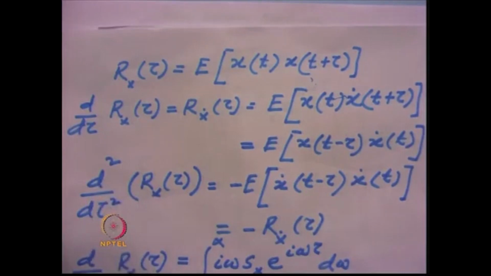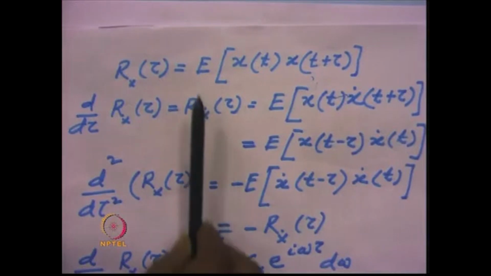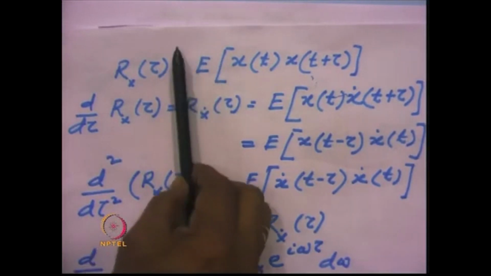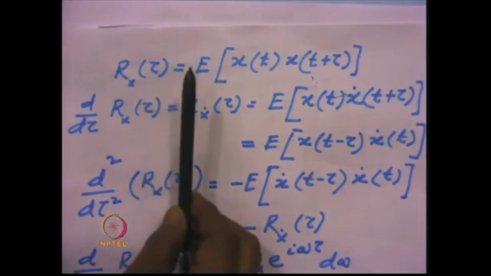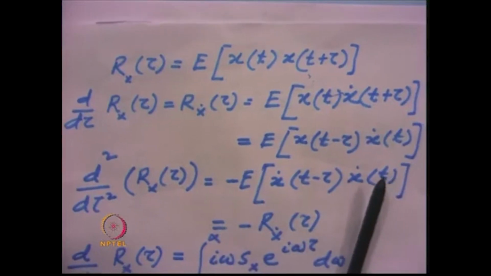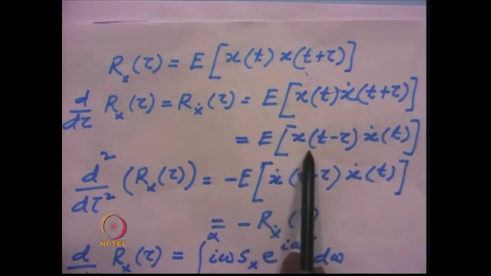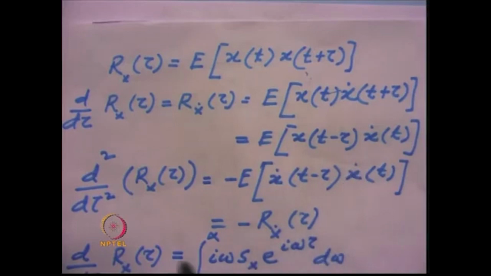Now, since in a stationary random process, the characteristics of the process, that is the mean square value or the power spectral density function or r x tau, remain invariant with the time shift, then we can interchange tau over here. Then the first term we can write down as x t minus tau, and second term then becomes x dot t.